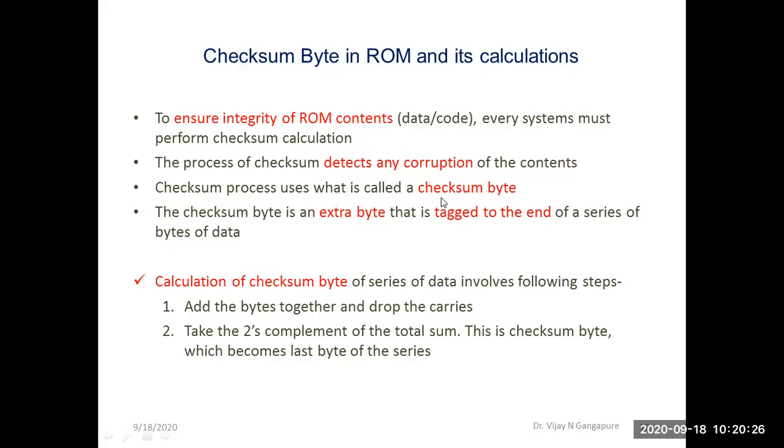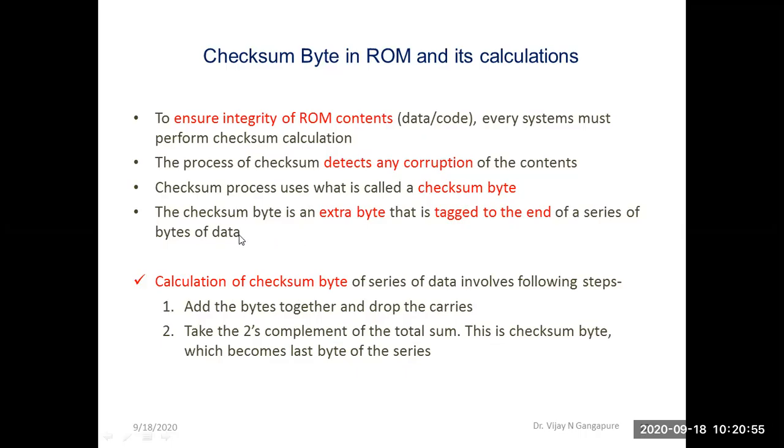What is the hex file content? It contains a number of bytes depending on the size of your original program. Using these bytes in the hex file that is to be written into the program ROM, we calculate this checksum byte. This checksum byte is appended, or tagged, at the end of the series of bytes of data to be written into the program ROM, that is, the hex file.